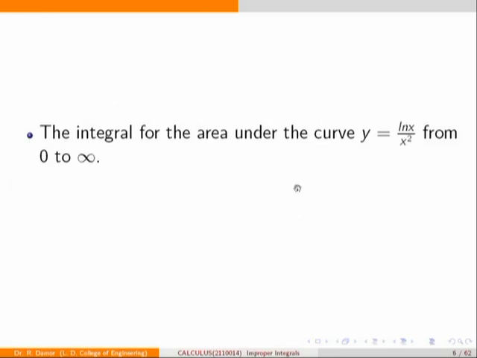Now consider the integral for the area under the curve y equals ln x upon x squared from 0 to infinity. Here the domain is 0 to infinity. Up till now we had a to b, so there was no infinite portion.